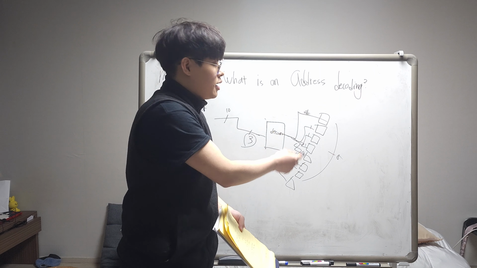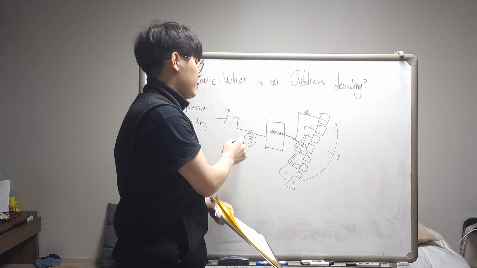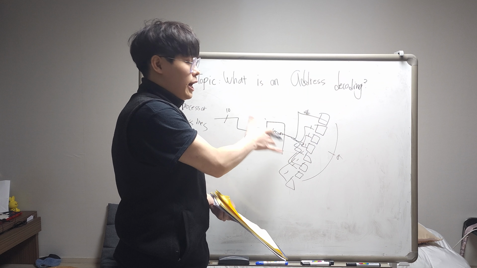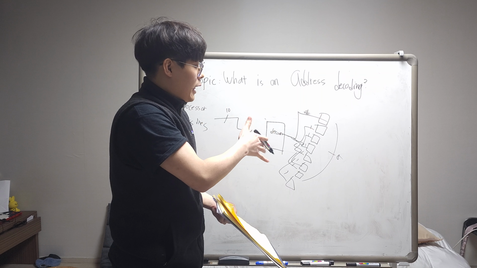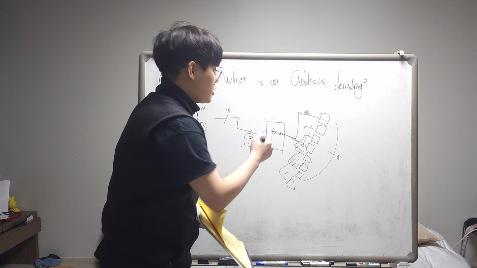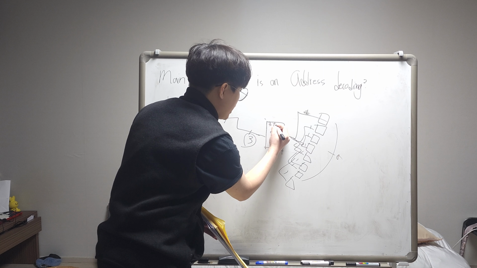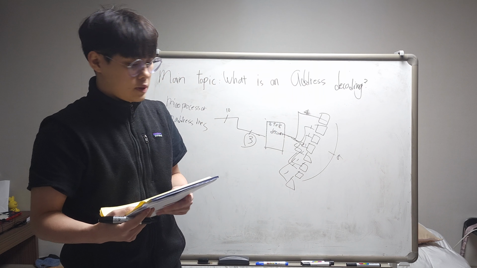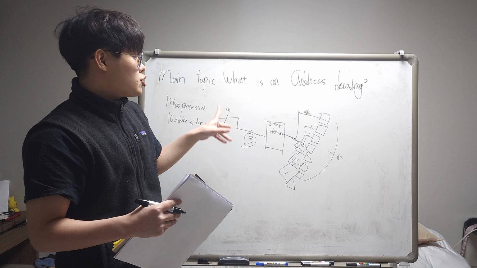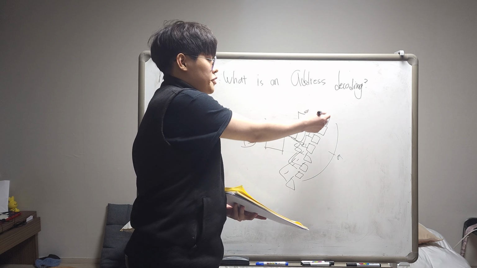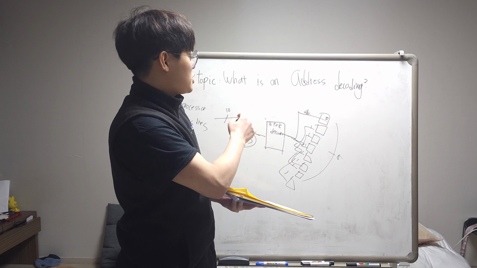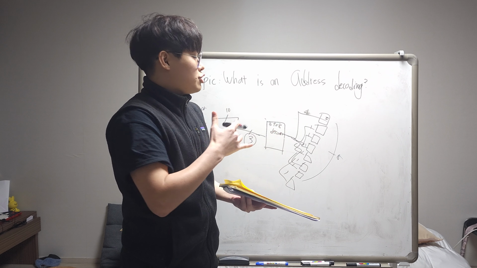But we only have 3 address lines to select the 8 chips. To handle this mismatch, we need a decoder, a 3 to 8 decoder. I know there are other address lines to select the internal cells of the memory chips, but I'm just going to skip this right now and elaborate on this 3 to 8 decoder.